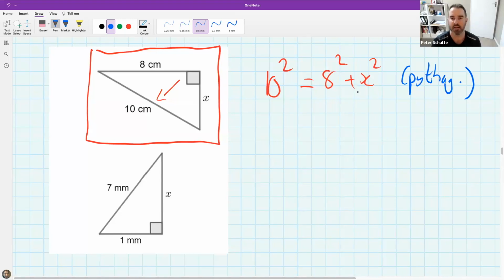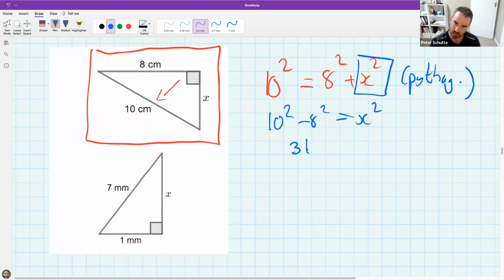Pythag. But now the problem is the x squared is not by itself. And to get it by itself, do that. And that leaves me with what? So 100 minus 64, that leaves me that.